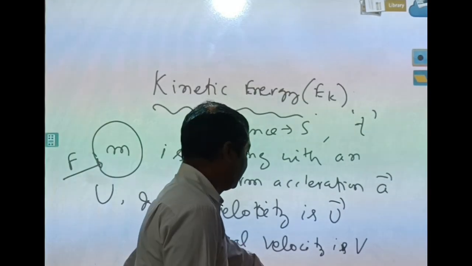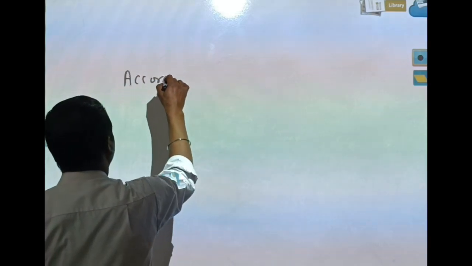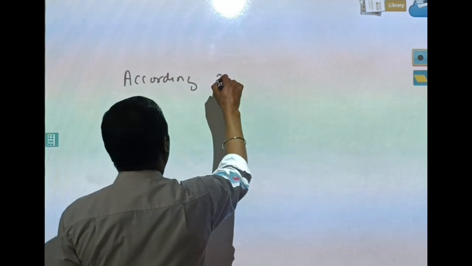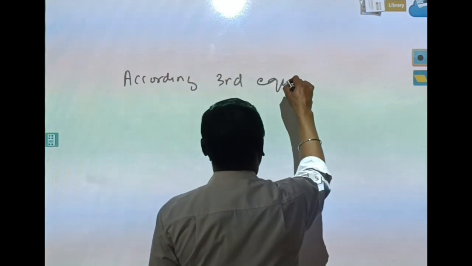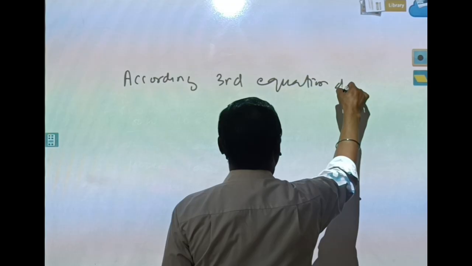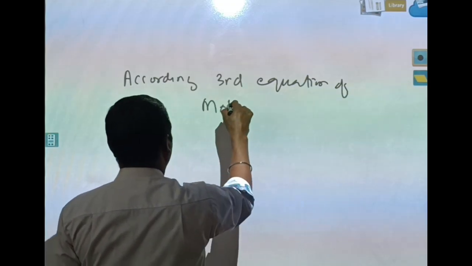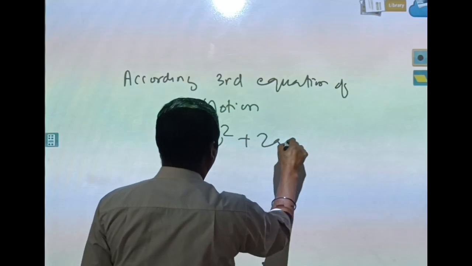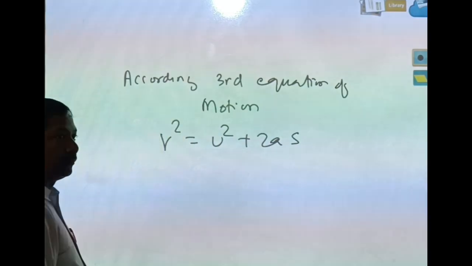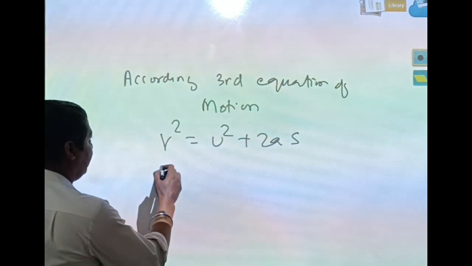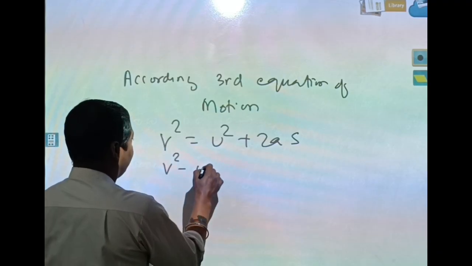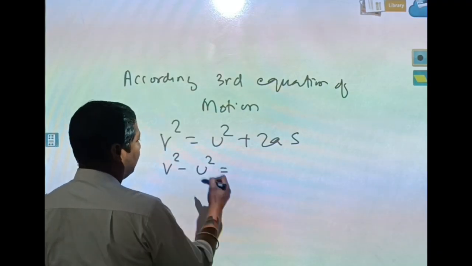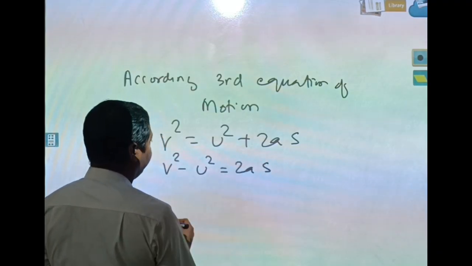Then, according to our equation of motion, what it says: v square equals u square plus 2as. If I take u square to this side, it will be v square minus u square equal to 2as.